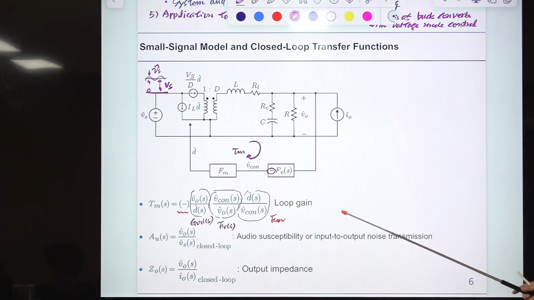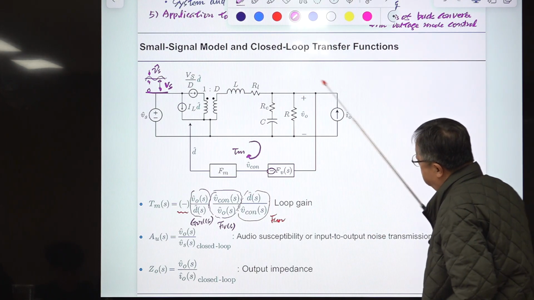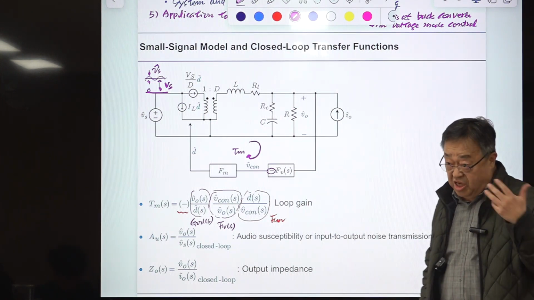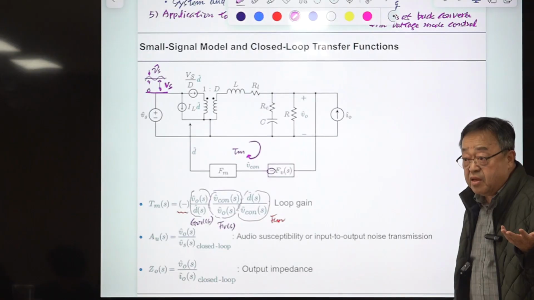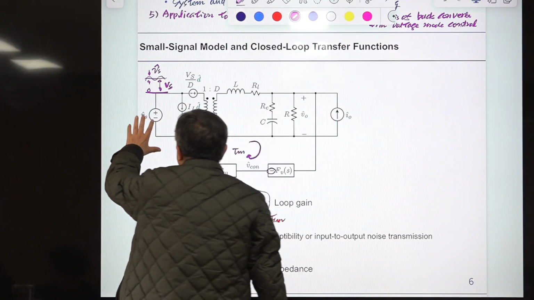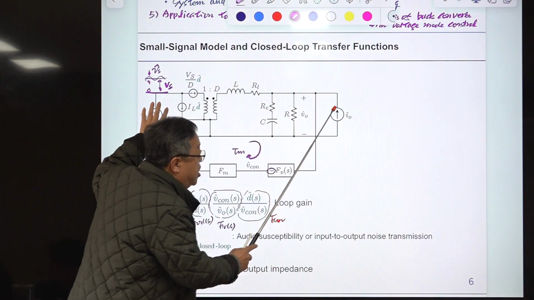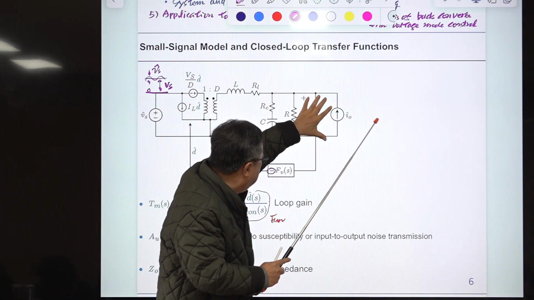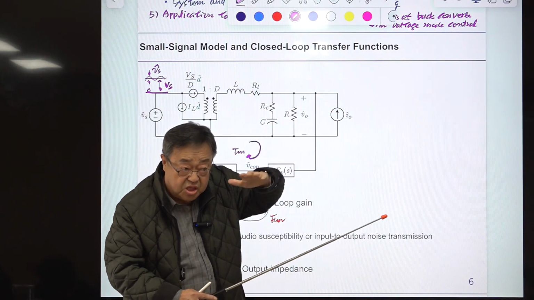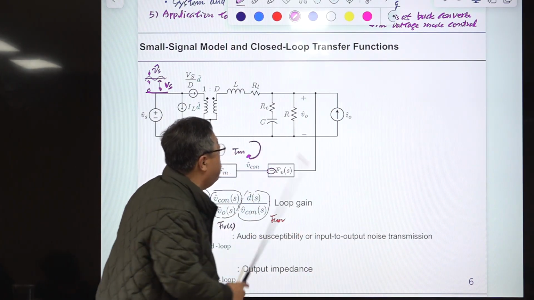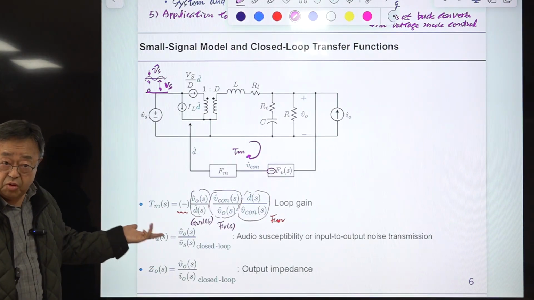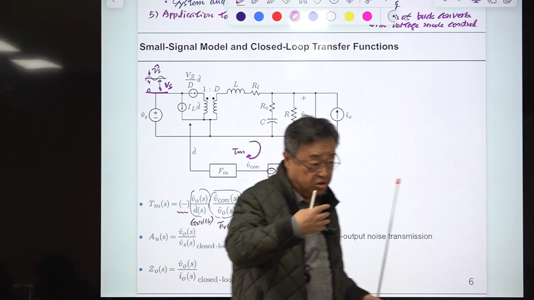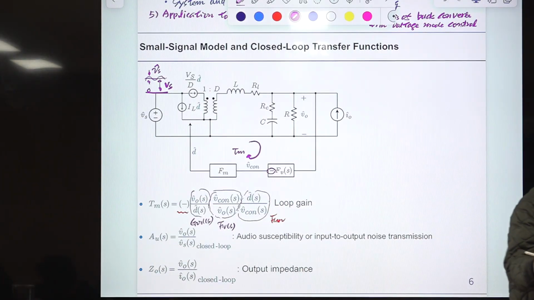At that time, the noise in the DC converter was in the audible frequency range, so people could hear it. The noise is generated here, then transferred to here. If the noise is transmitted without much attenuation, then the converter is very susceptible to the noise. Susceptible means one can be easily affected by bad things.